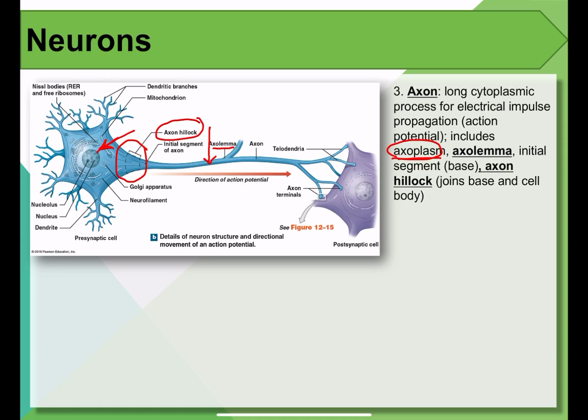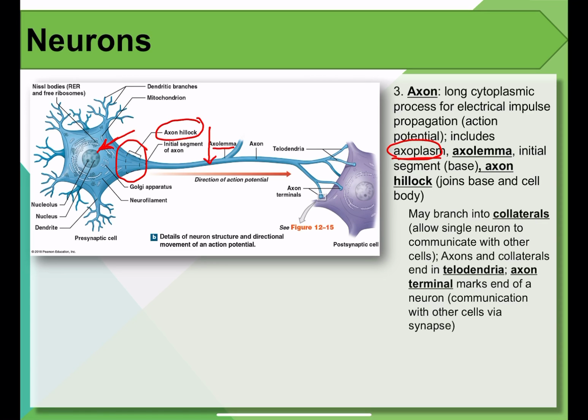Axon hillock will be a critical structure when we talk about initiation of an action potential, because that's the location where signals are collected to see whether they are high enough to trigger an action potential. All right, with these neurons, the axon may actually branch off in what we call collaterals.